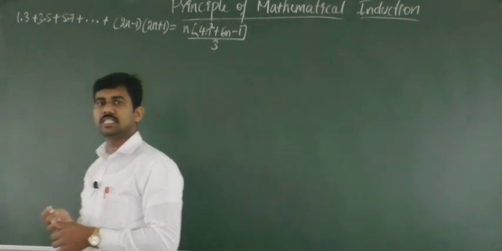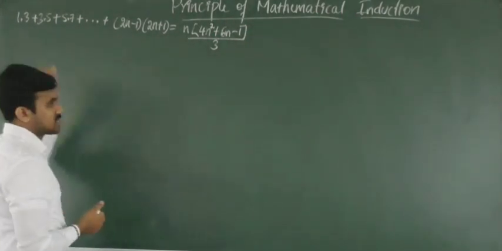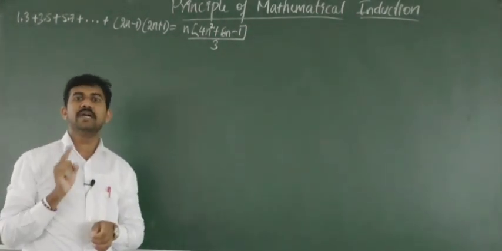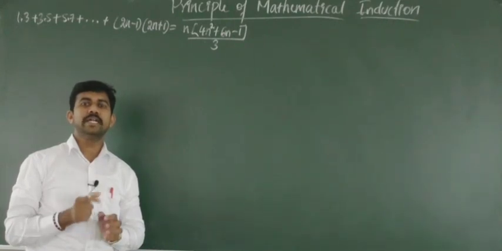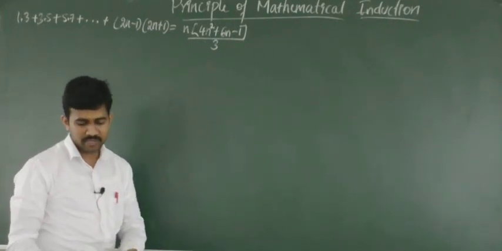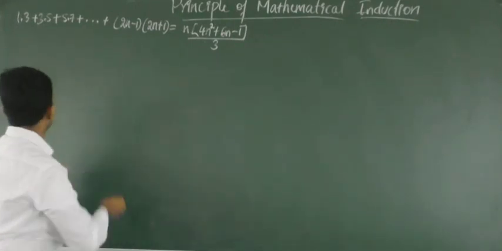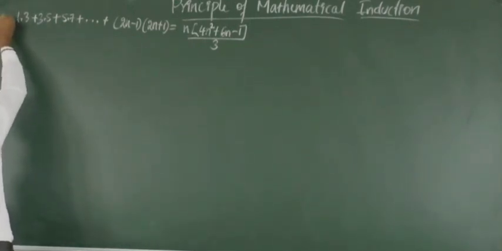So this is the given statement. Now we need to solve this. We have to prove the statement is true by using the principle of mathematical induction. So for that, first we need to consider the given statement as P of n, right?